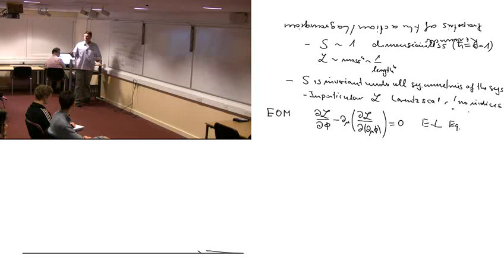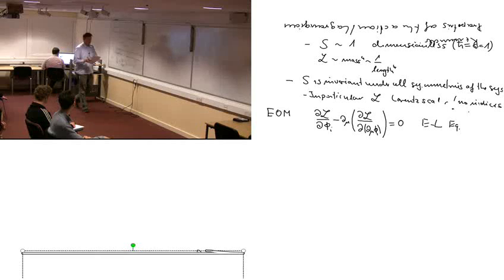And here, of course, this phi can be any fields, any number of fields. So if you want, you can give it an index, and then you can do all kinds of fields. This can be a scalar field. This can be a component of a vector field. That can be a component of a spinor field. Can be all kinds of things. This Euler-Lagrange equation remains more or less the same.